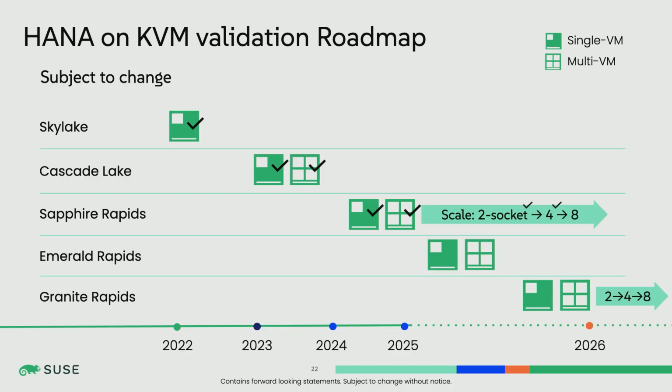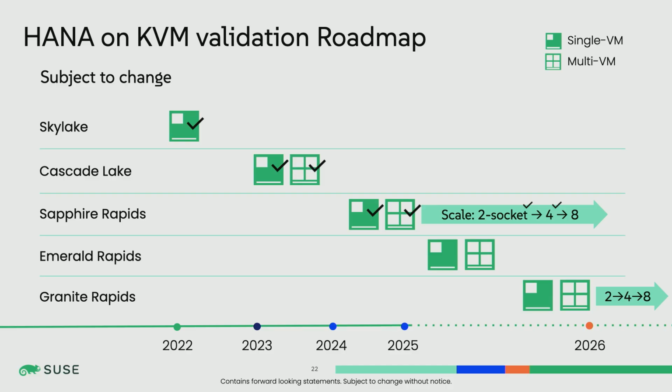The reason why we have this arrow here is that up until Cascade Lake, you needed one validation to validate everything. You used the biggest system you want to validate, you validated it, and then all the smaller systems were automatically included in this one validation.